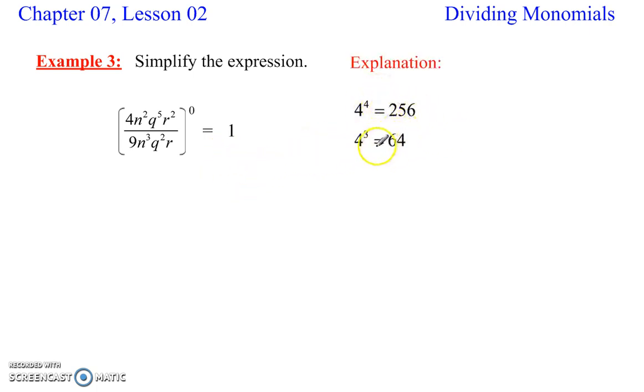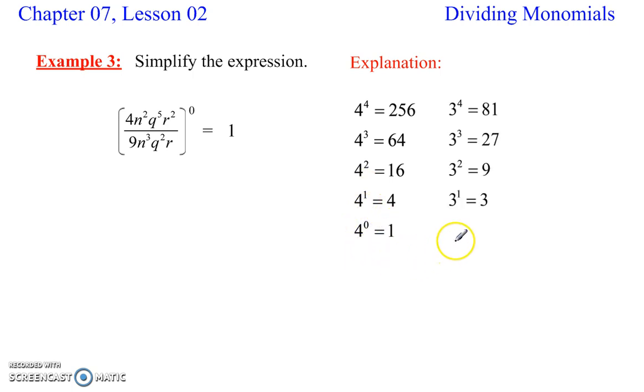Okay, quick review here. 4 to the 4th, 4 to the 3rd, 4 squared is 16, 4 is 4. Remember, we're dividing by 4 every time. 64 divided by 4 is 16. Divided by 4 is 4. Divided by 4 is 1. Now, if we kept going, divided by 4, we go 1 further down. 4 to the negative 1st is 1/4.